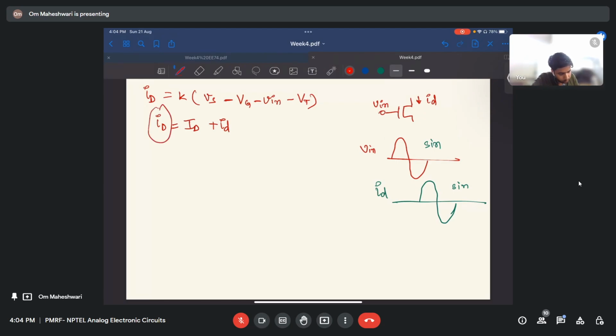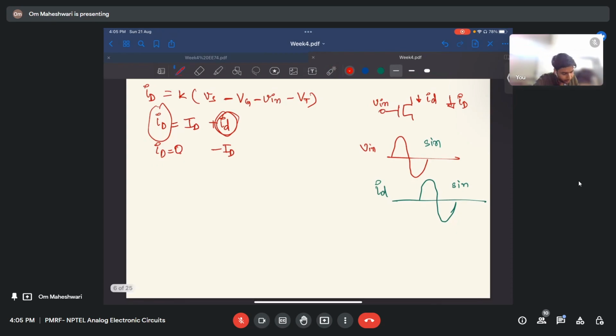So this total ID through the circuit will not be zero, right? Else the circuit will stop working. We do not want that. So we take the edge case when this ID becomes zero. It will become zero when the AC ID becomes minus ID. So when Vn is maximum, this ID becomes minus ID. That is why we get this total current to be zero.